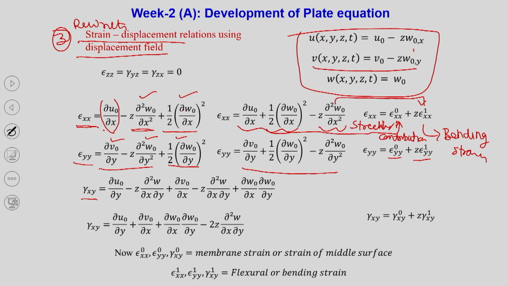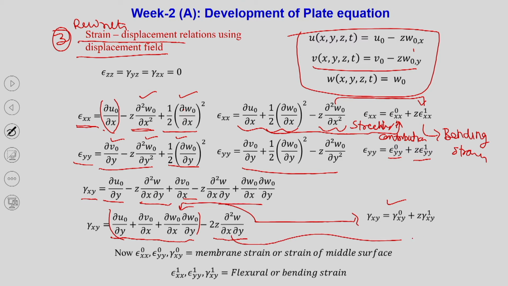Gamma xy is del u by del y plus del v by del x. If you substitute those things and arrange those terms, first order terms, you will see this is gamma xy naught, and this one is gamma xy1.